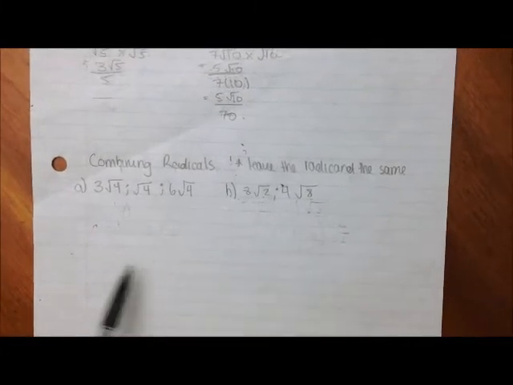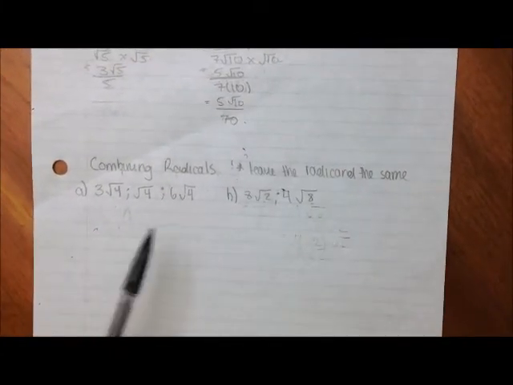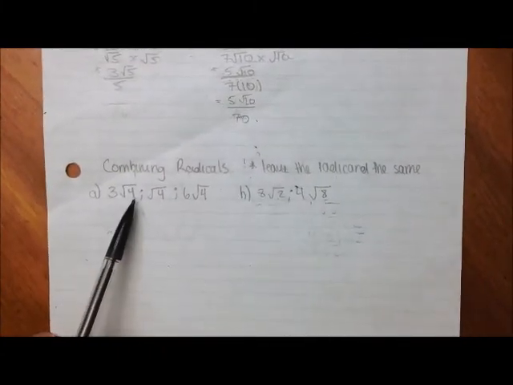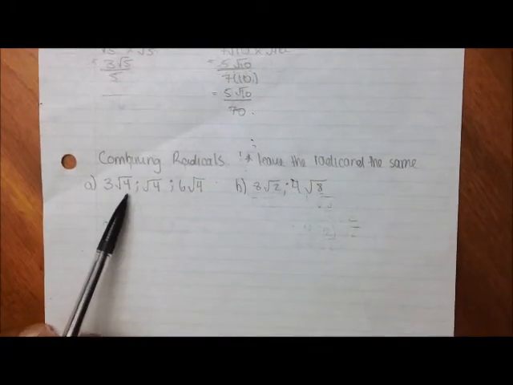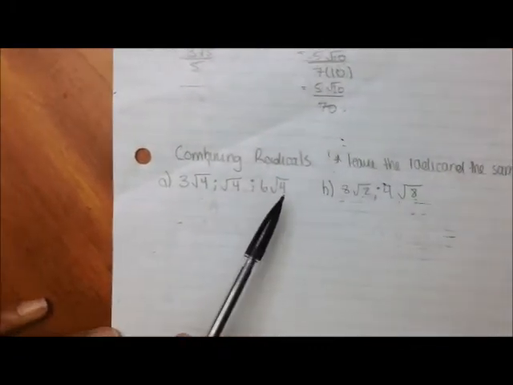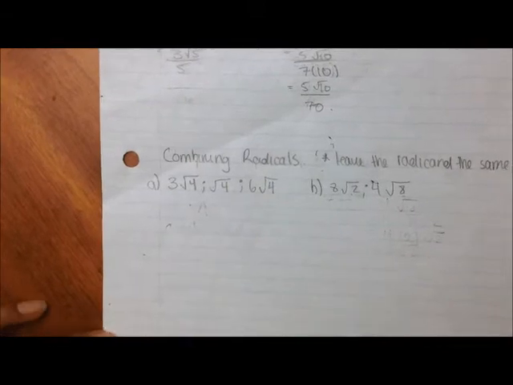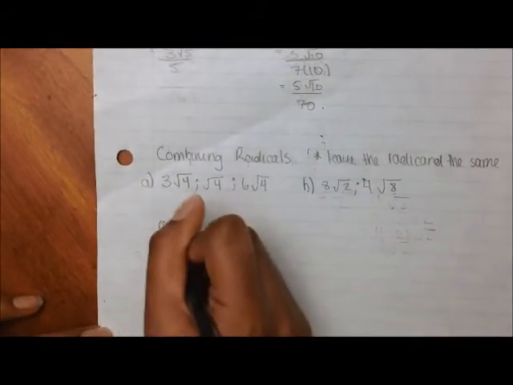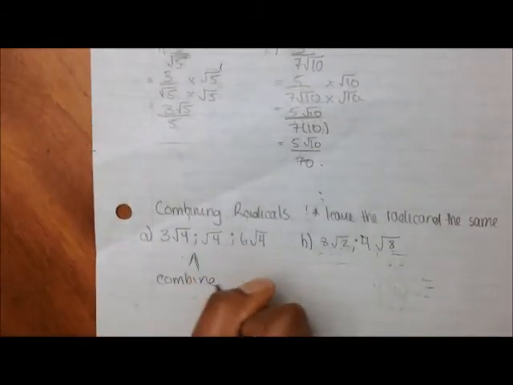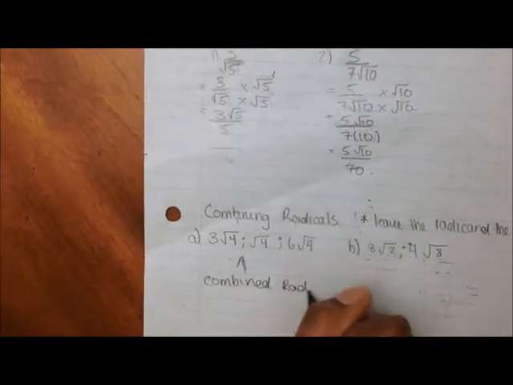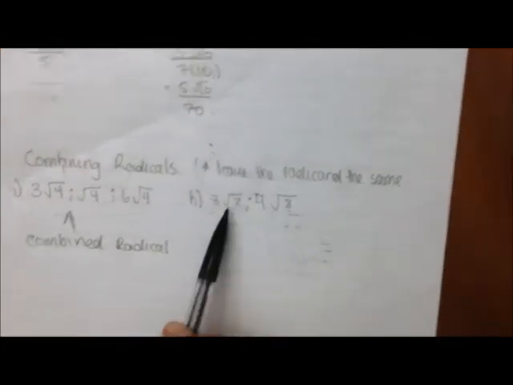Now we're going to learn combining radicals. For combining radicals, you just have to leave the radicand the same. You don't need to multiply or add anything. So for this one, I know what's under the radicand sign is all the same because each of these radicals have the same number. So this is a combined radical. For this one, 8 and the square root of 2 cannot be simplified anymore because I cannot simplify 2.